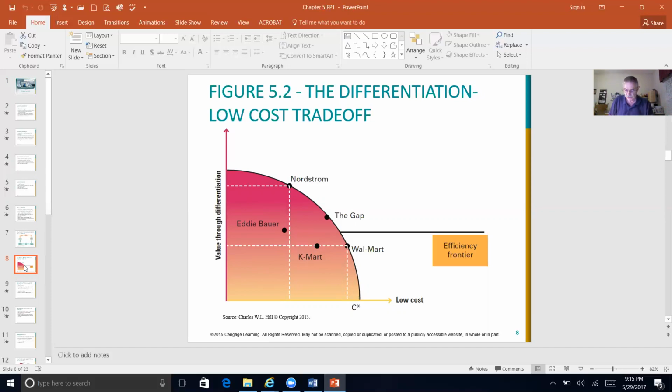When we look at this figure on page 159, what it's trying to illustrate is what is known as the efficiency frontier.